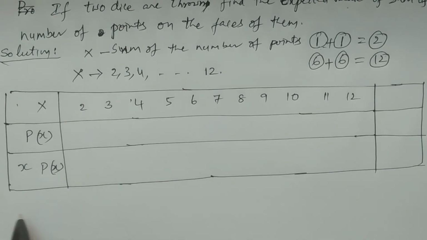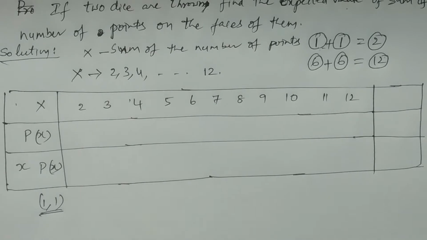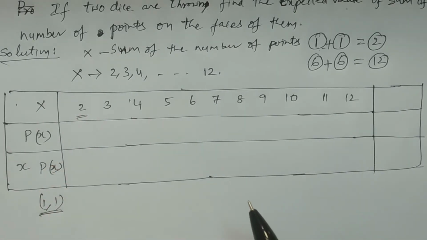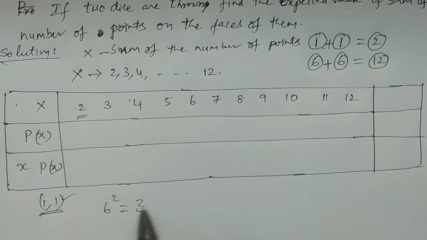This is the favorable number of outcomes for getting a sum of 2, out of the total number of outcomes. If you consider from 1 1 to 6 6, the total outcomes are 6 square, that is 36.